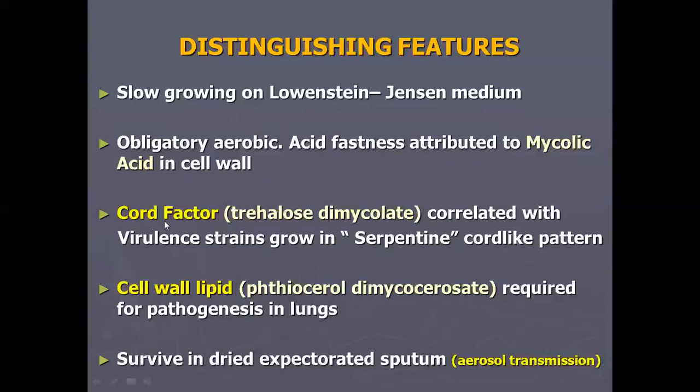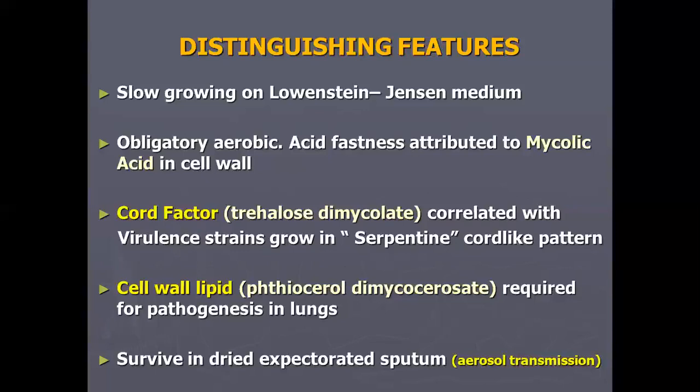We will learn many new terminologies and a few new names for the lineage, and of course the components or virulence determinants that contribute toward the virulence of this organism that we have not studied before. It has a cord factor, which chemically is trehalose dimycolate, and it correlates with the virulence of the strains, and it provides what we call the serpentine cord-like growth.